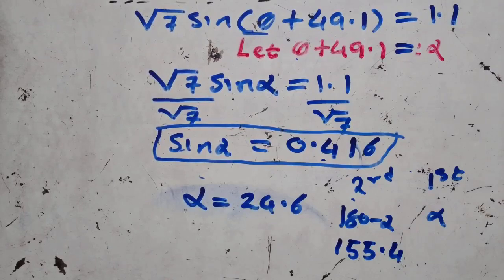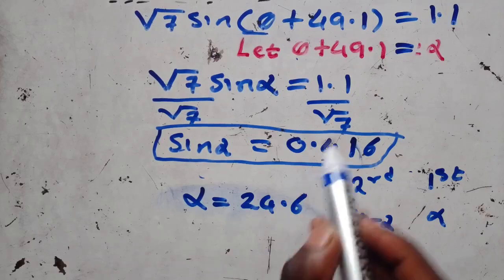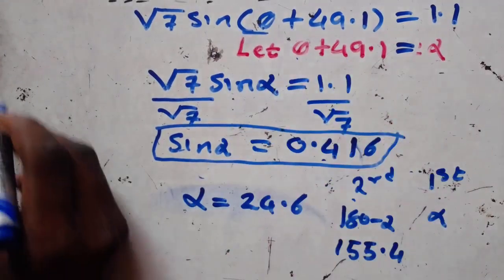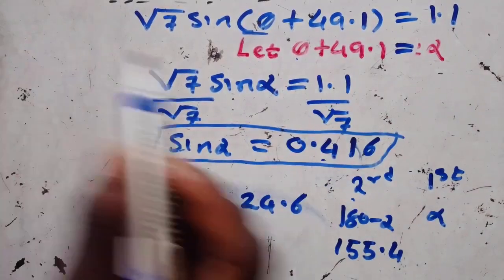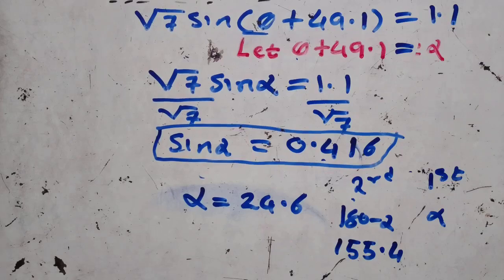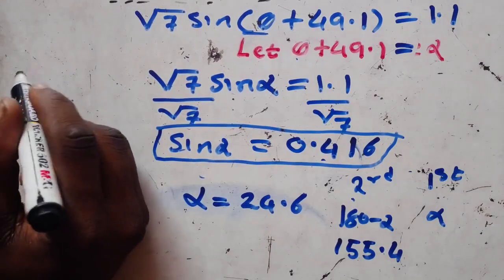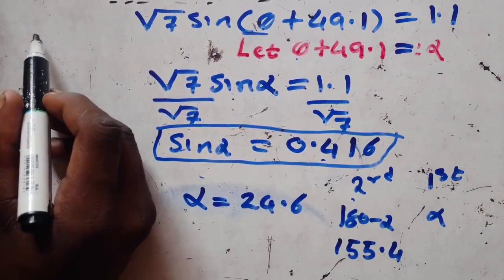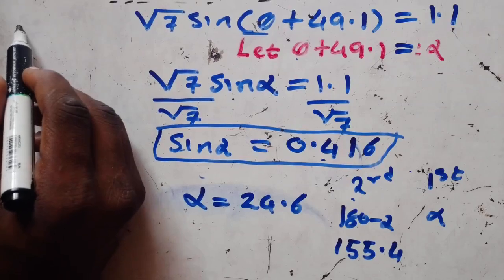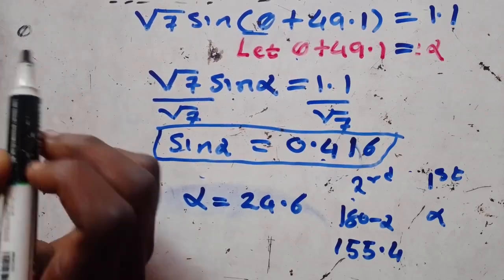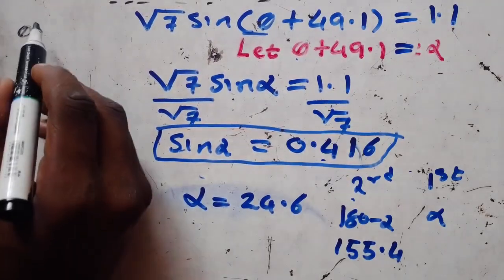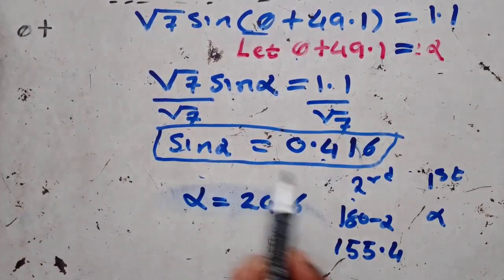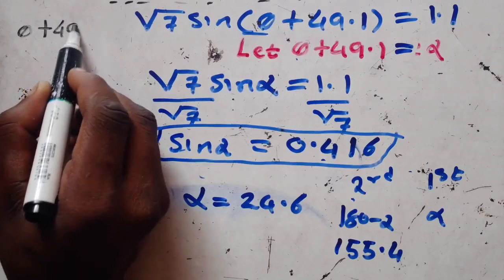Having found the values for acute, you can now come to the stage where it says let theta plus 49.1 be equal to acute. So you have theta plus 49.1 is equal to our acute.